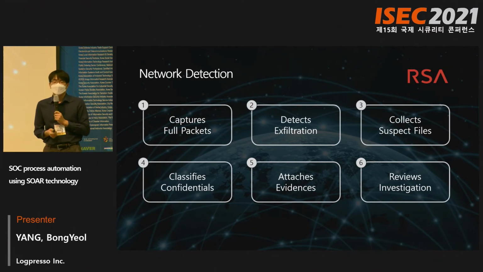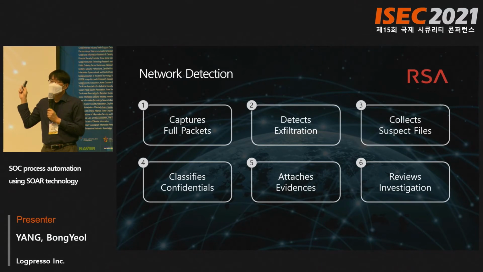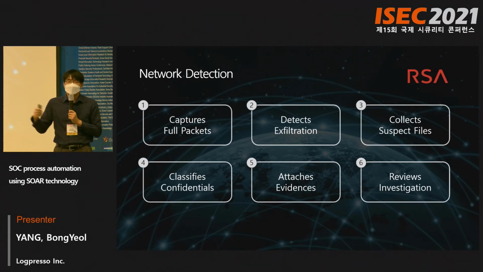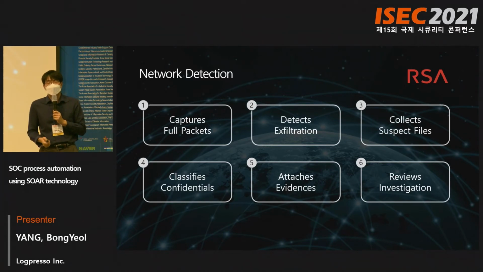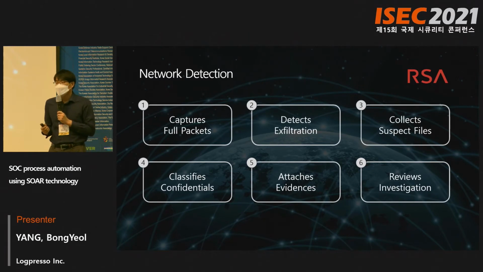So it seems like files have been sent externally. File upload is suspicious. And then for the open session, the files are brought in from the API of Readiness, and then the content of the file is analyzed. Is it an internal document or not, for example? So classification is made based on that.